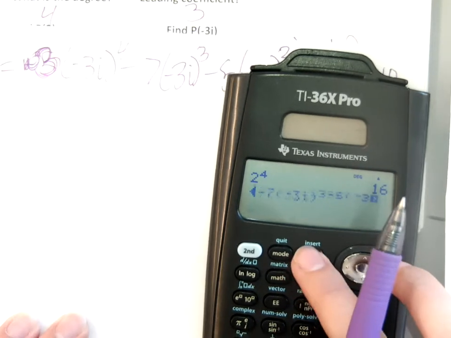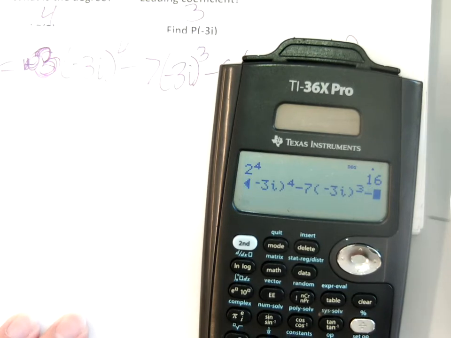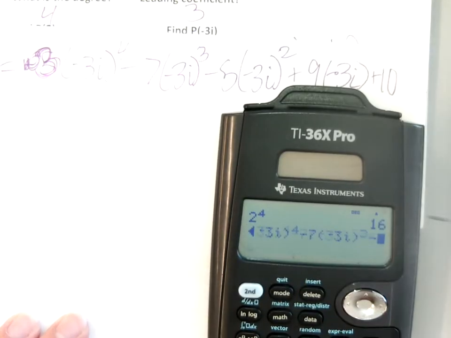Oh no. I used the i button yesterday, and it gave me a really great answer. Using the i button doesn't always work. Minus 5 parentheses negative 3i. Oh, weird.